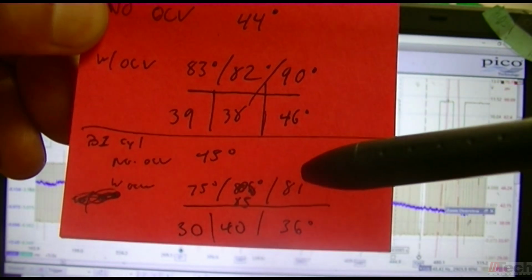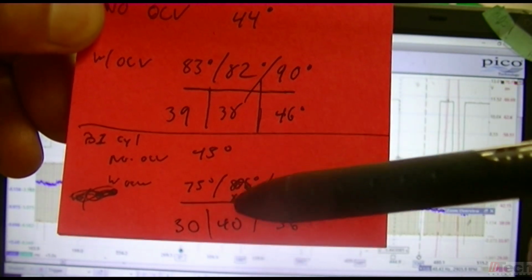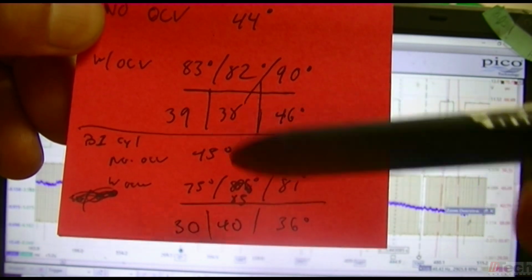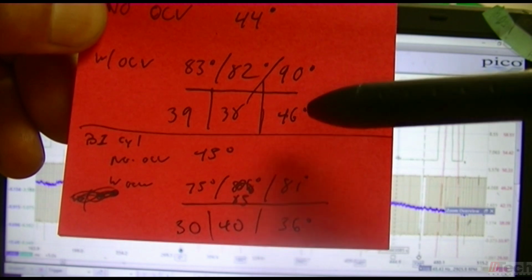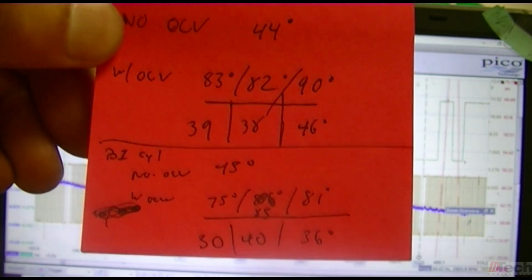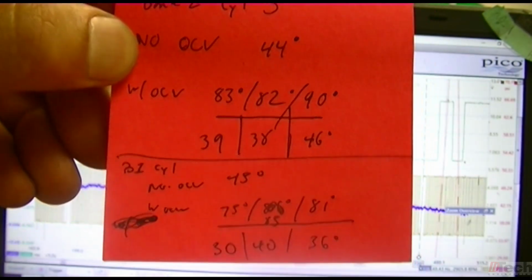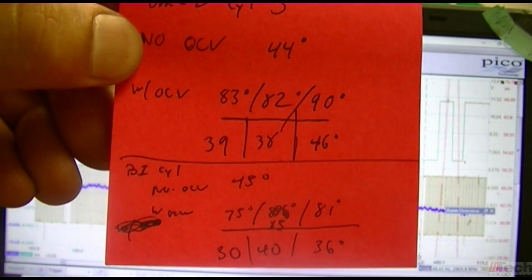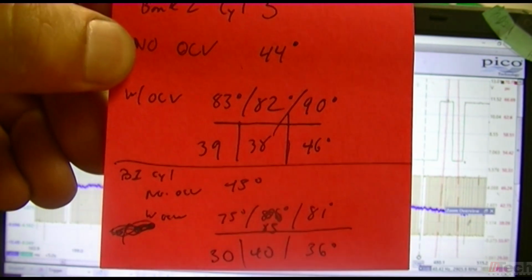Not 100% exactly the same, but still traveling about the same. This one was a little bit high of a travel. This one was a little bit low of a travel, but again, they do reach roughly about the same travel. It's not always 100%.